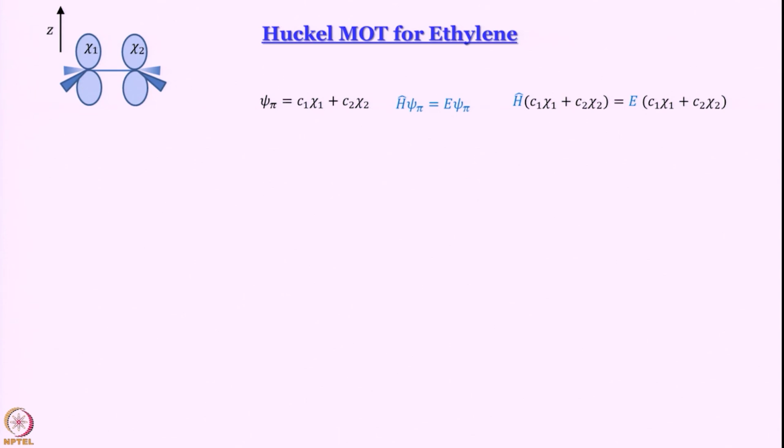Alright. So, the Hamiltonian operates on C1 chi1 plus C2 chi2 to give us E multiplied by C1 chi1 plus C2 chi2. Is chi1 or chi2 an eigenfunction of this Hamiltonian? No, they are not. They are eigenfunctions of the hydrogen atom Hamiltonian written in coordinates of 1 or 2. Is C1 chi1 plus C2 chi2 an eigenfunction of the Hamiltonian H hat?